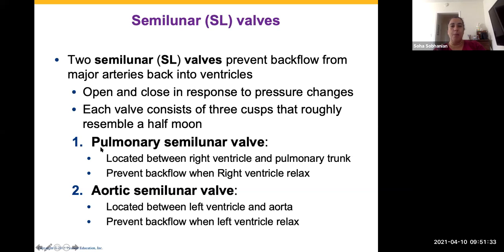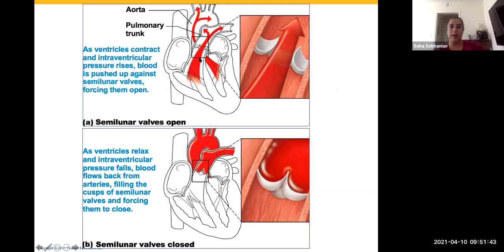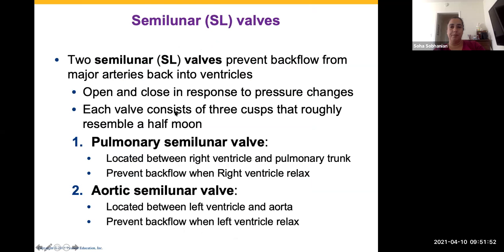Now, detail again. The pulmonary semilunar valve is located between the right ventricle and the pulmonary trunk, which is what we showed already. Here is the pulmonary valve right here, between the right ventricle and the pulmonary trunk. It prevents backflow when the right ventricle is relaxing. So the semilunar valve is only engaged when the ventricles relax.